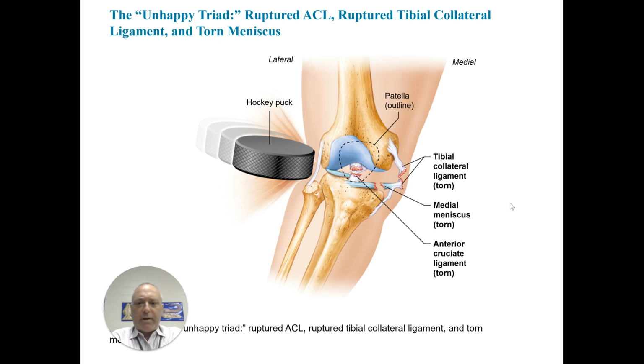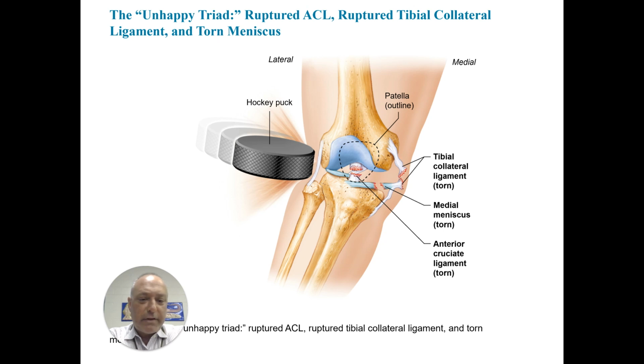So there's a number of injuries that can occur. This one happens to be hockey. So it's called the unhappy triad, showing how a hockey puck can force the knee joint to move medially, which disrupts a number of ligaments.